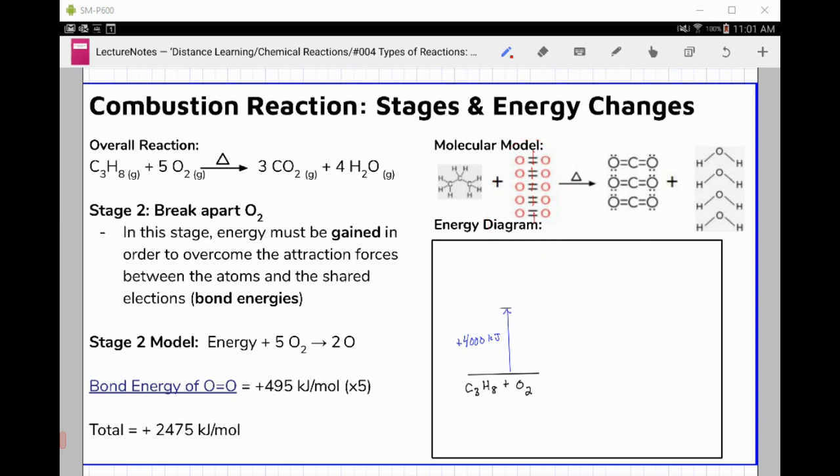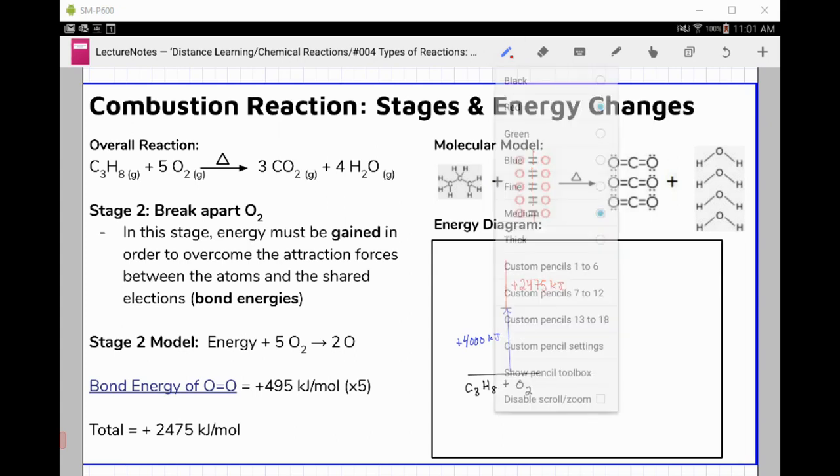So each of those bonds has a bond energy of positive 495, giving us a total of another gain in energy of positive 2475 kilojoules. Now, in total, this is a really large activation energy, right? Around 6,500 kilojoules that need to be added just to initiate this reaction, which is why these combustion reactions need this spark or this little bit of heat to get themselves going.